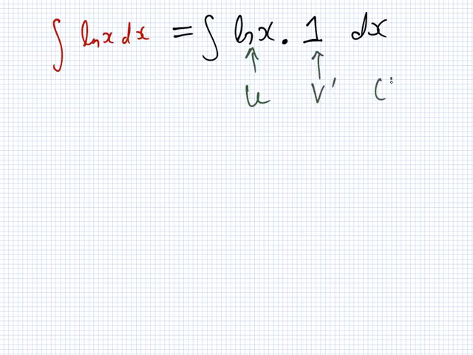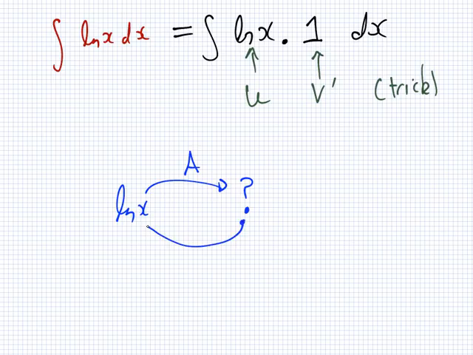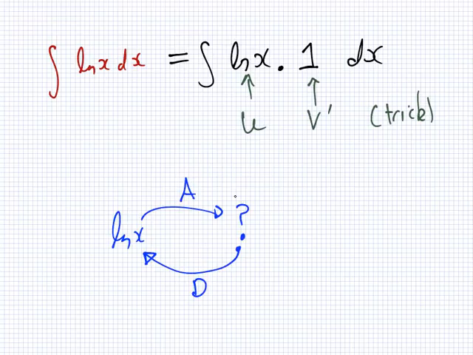By using this trick, we can integrate log x. I want you to try and do this later, and then you can check your answer, because the derivative should be log x. So a mini homework for later today. If you can write this down, I'll see how you do later.